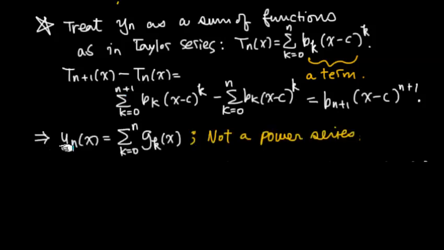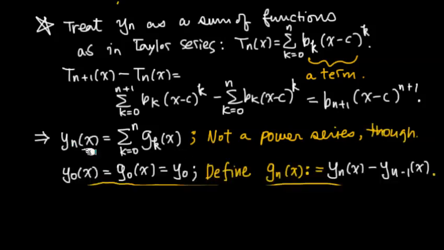So our goal is that yn(x) coming out of Picard iteration is written as a sum of functions like this, just like a Taylor series, but we're not assuming yn is a power series or anything. So here's the setup. Picard iteration clearly defines this yn, and y0 of course is still the constant function, and then we can define this individual function as the difference of these two adjacent functions.